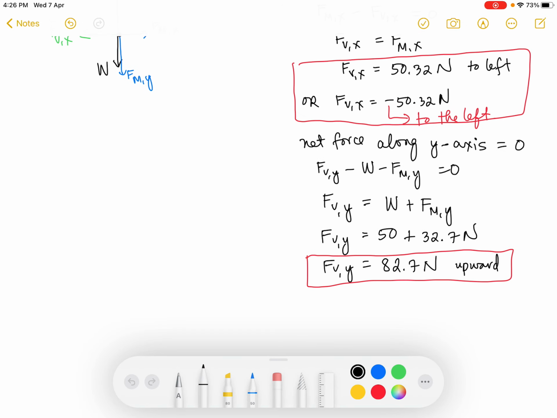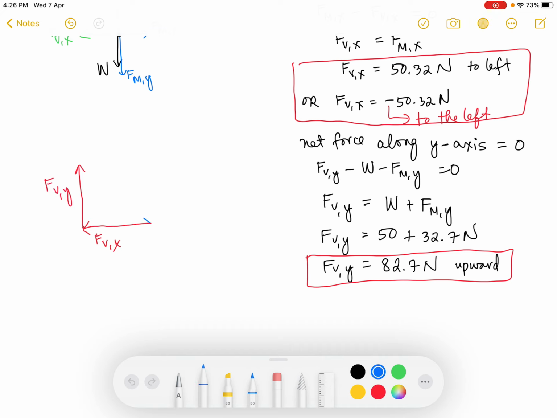In other words, FVX is negative, so that's pointing to the left. Let me just redraw a straighter line. So that's FVX. Okay, and FVY is positive. FVY is pointing upwards.